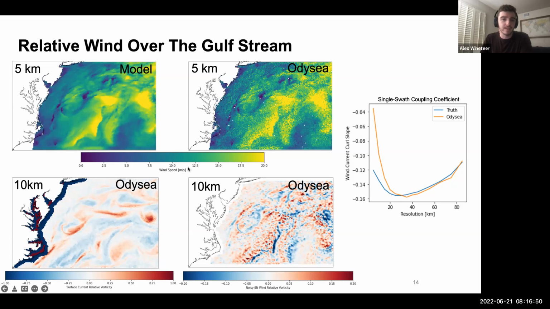So in the Gulf Stream, we can start to look at these wind current couplings at 20 kilometer resolution or so in curl. And that's probably an order of magnitude improvement over what we've been able to do in the past compared to using geostrophic currents and traditional scatterometry.